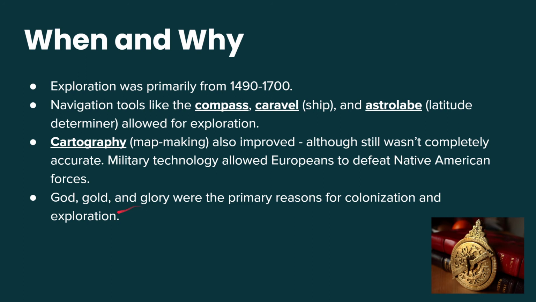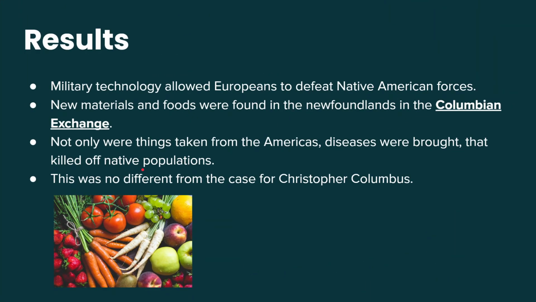But the primary reasons for colonization were God, gold, and glory, or the 3 Gs. They wanted to spread religion, they wanted to get raw materials, and they wanted to spread their power or glory. As a result, they were able to defeat Native American forces or any natives of where they colonized due to their military and technological advantages.